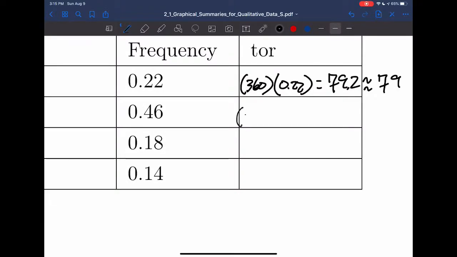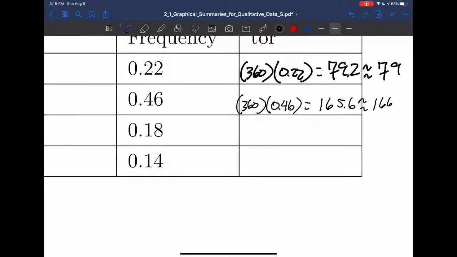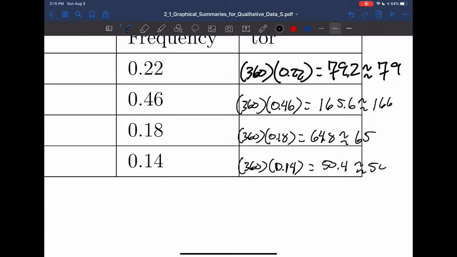For the second one, it will be 360 times 0.46, which is 165.6. We could just round it up to 166. And then this will be 360 times 0.18, which is 64.8, but we could just round this up to 65. And then this will be 360 times 0.14, which is 50.